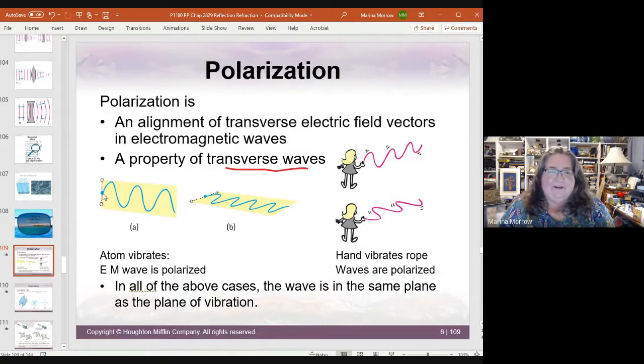For an electric field, it would mean that the waves would all be upright as opposed to upright and sideways. Usually, we compare it to someone shaking a rope. They can shake the rope up and down, they can shake the rope sideways. So the idea is that the wave is in the plane of vibration. Okay, so we've got a plane that we're looking at.